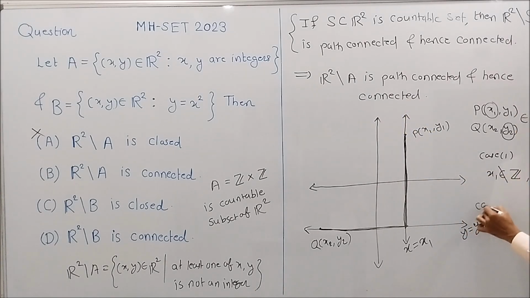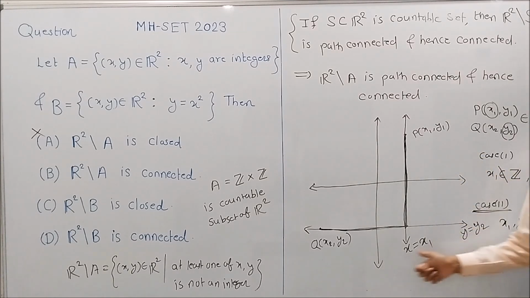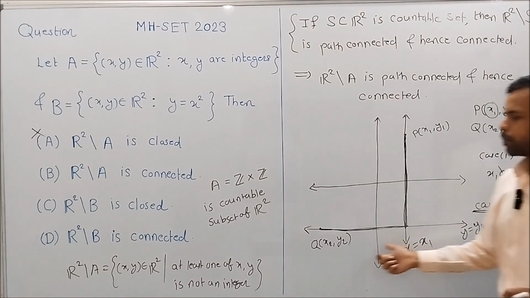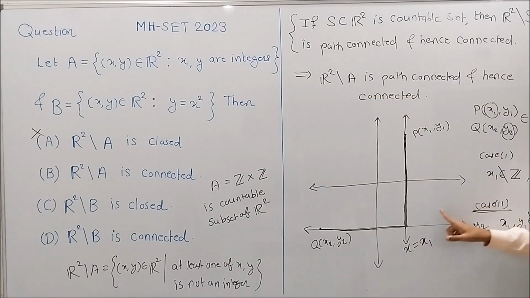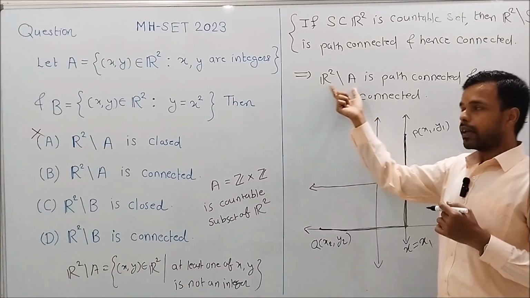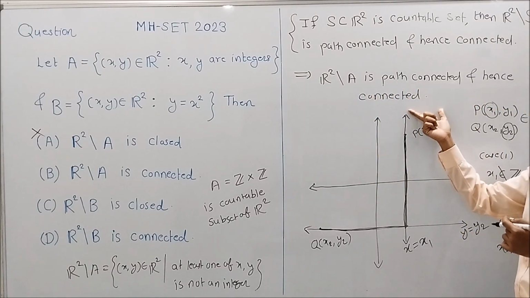Note that there are other cases too. For example, another non-trivial case is where both coordinates x1, y1 do not belong to Z, and both coordinates x2, y2 do not belong to Z. In this case too, you can use the same argument and show that the path is completely contained in R2 minus A. So in all cases, you can easily show that the set R2 minus A is path connected and hence it is connected.